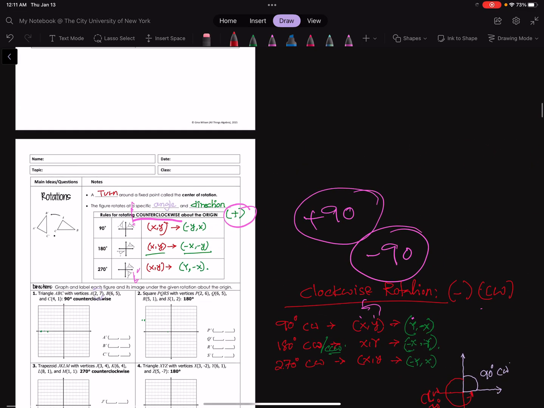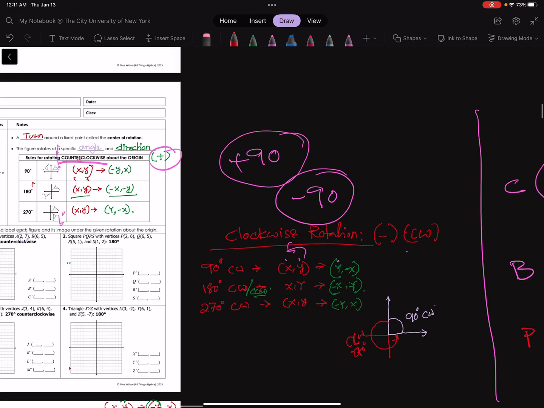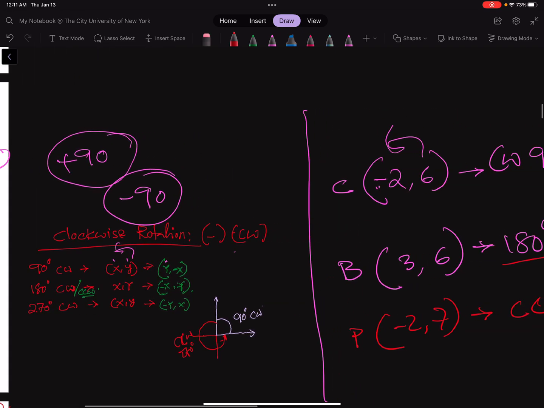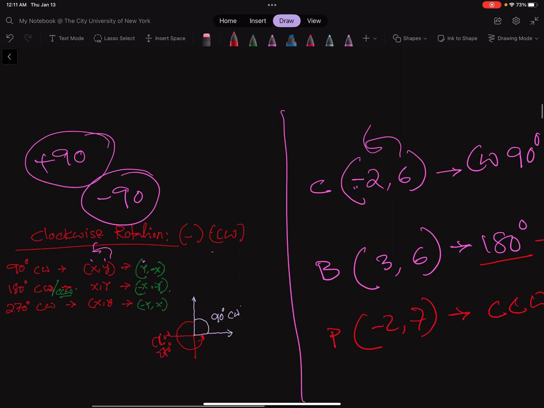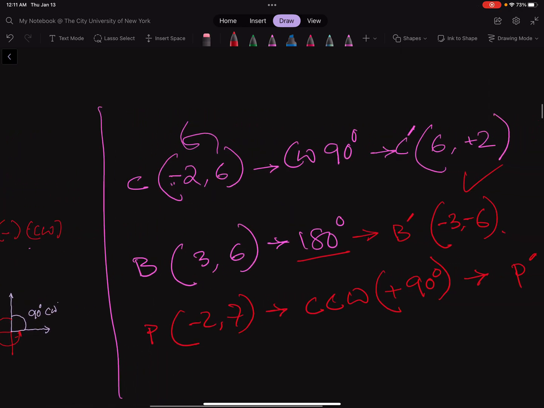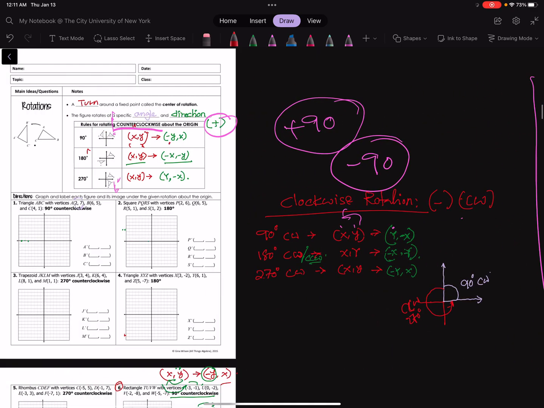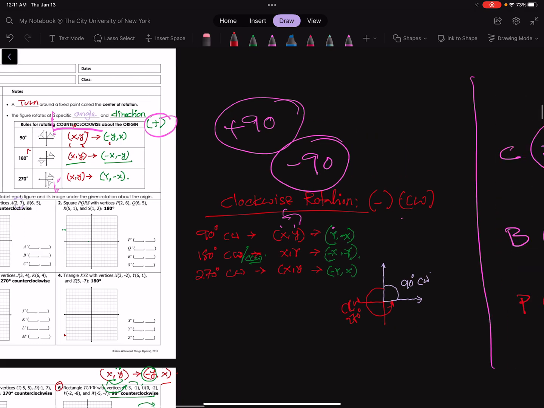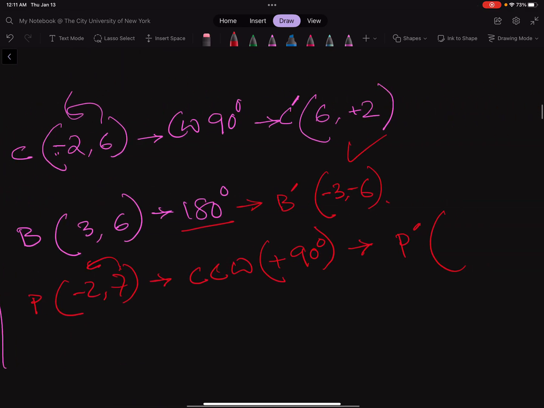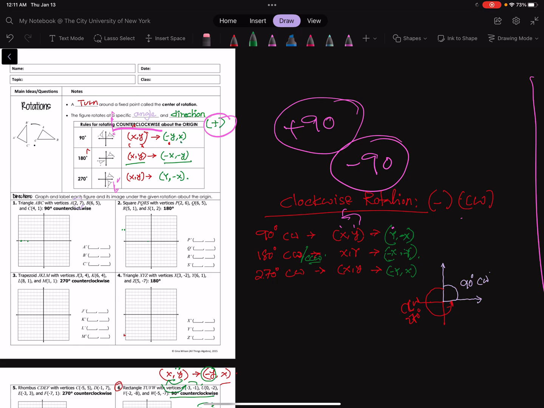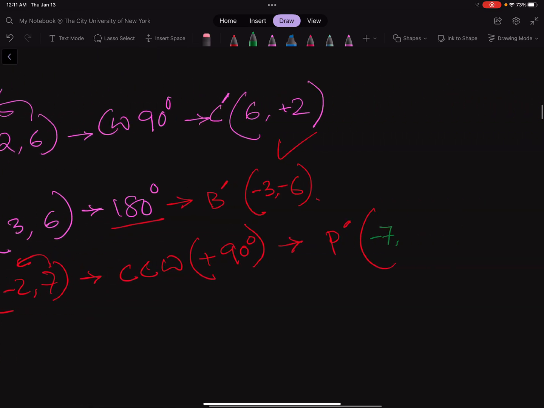If you look at this, for counterclockwise 90, x and y change their position. y becomes negative x. So y takes the position of x, they flip, and the sign is negative for the new x, so this is going to be -7, and then your y position takes x, which remains as it is, so it's -2.